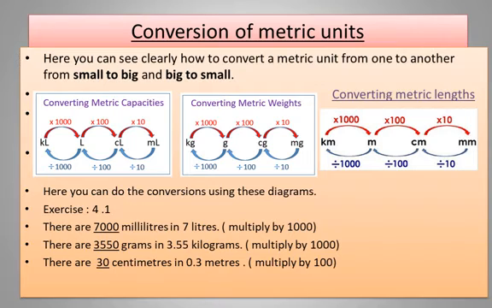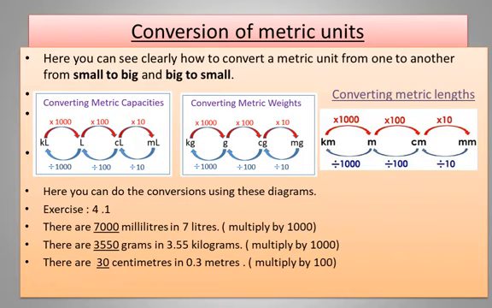We will go down the blue arrows. We have to divide by 1000. Here it is given centiliter. We can avoid it. We will go directly from milliliter to liter. We have to divide by 1000. So 7000 divided by 1000, you will get 7 liters. Okay. So from milliliter to liter, you will divide by 1000.